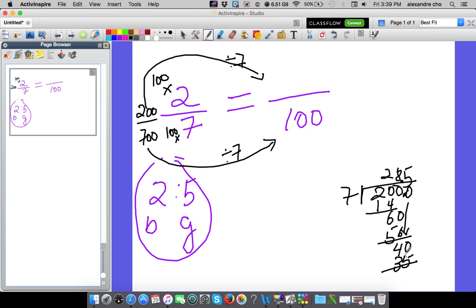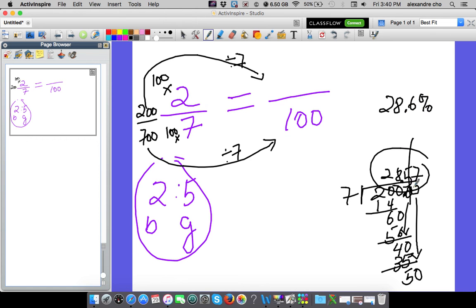And you know what? I don't think it's going to end. So 5 left over. Let me bring another 0 down. So it's not going to end, but the answer is 28.57, or 28.6% if you round that. I rounded. I cut the 7 out and left it at 1 decimal place. 28.6.